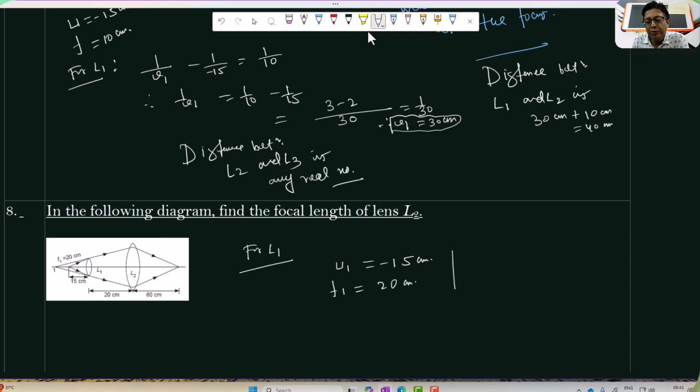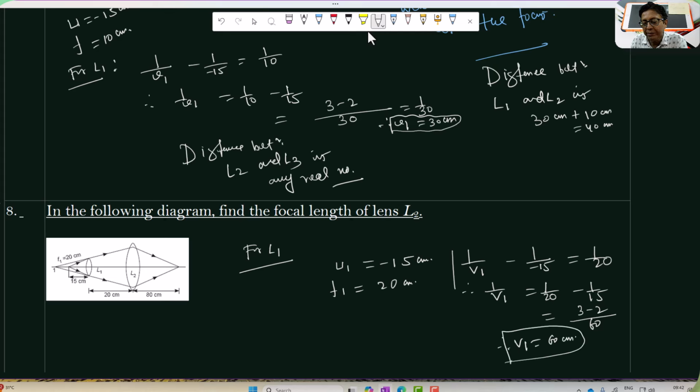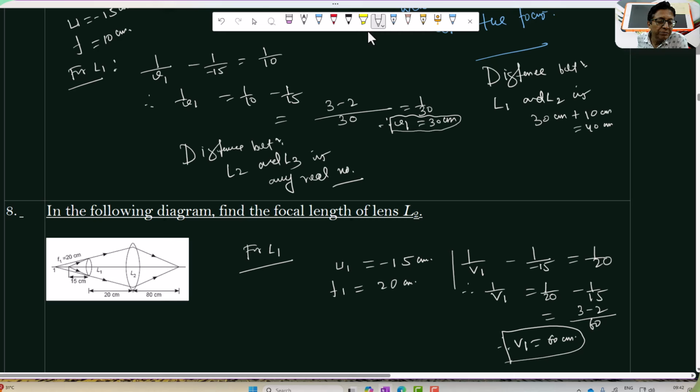So if we write 1 by V1 minus 1 by U1 equal to this, therefore 1 by 20 minus 1 by 50. This is going to be 60. So V1 equal to 60 centimeters. Alright.